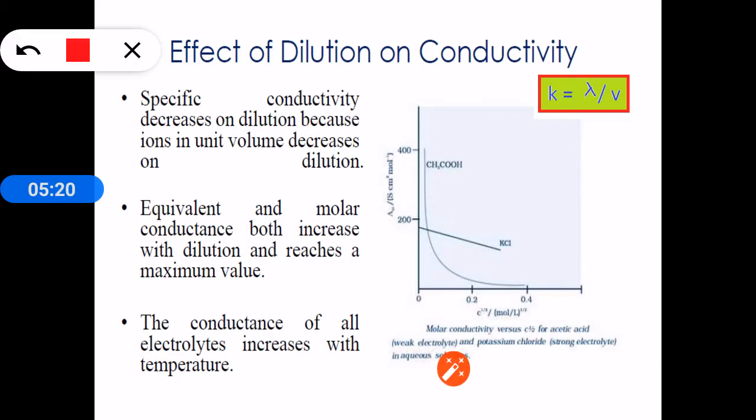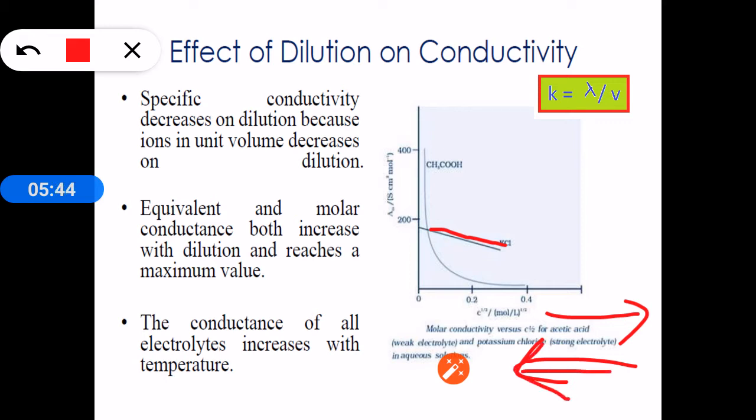You see here, on this side concentration is increasing and on this side dilution is increasing. On the y-axis, equivalent conductance values are taken, and on the x-axis, concentration is taken. On this side concentration is decreasing, which means dilution is increasing.